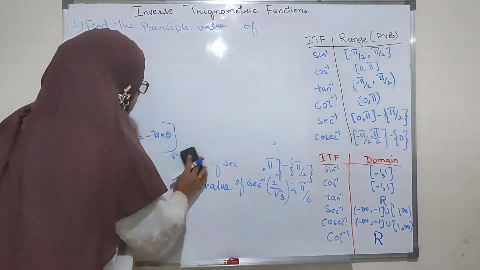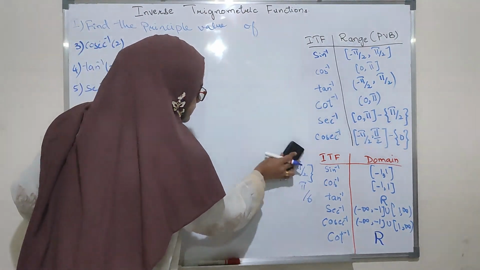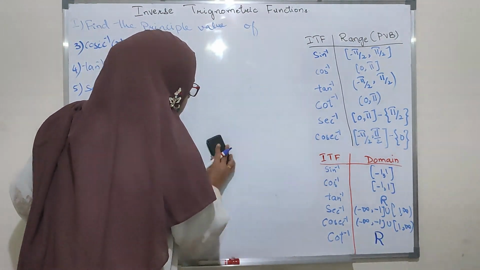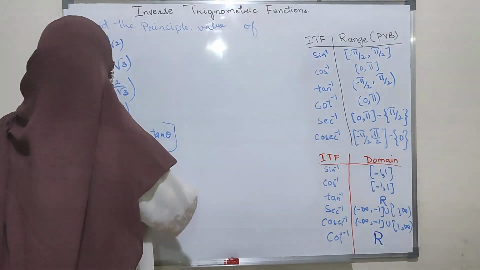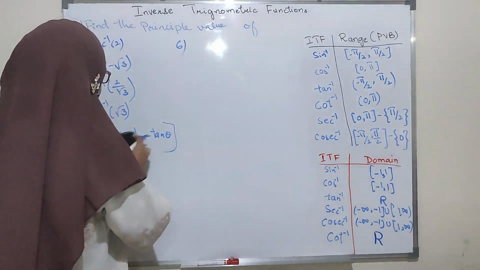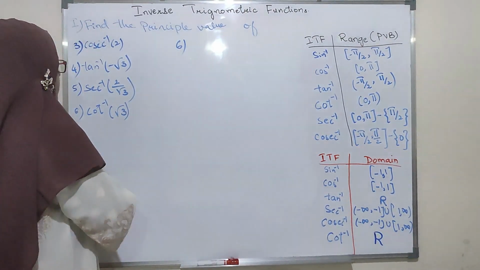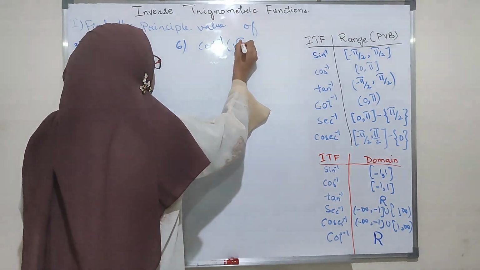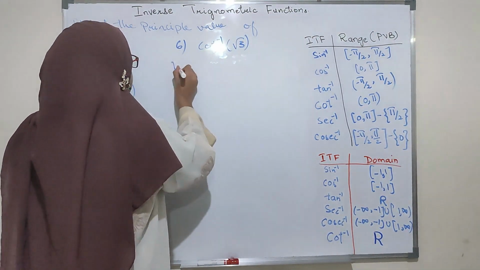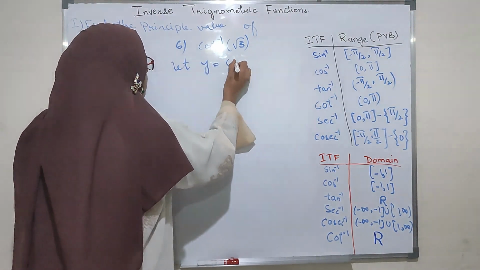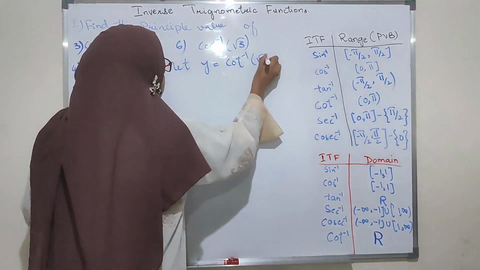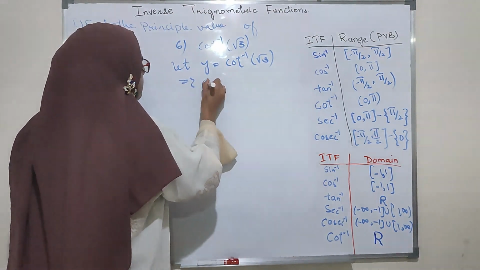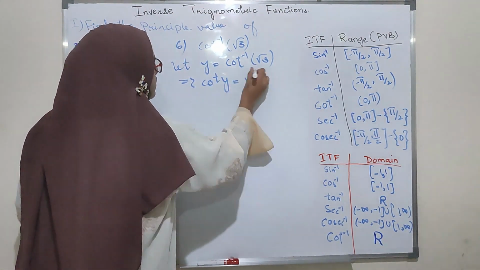Lastly we have cot inverse of root 3. Again let y is equal to cot inverse of root 3. This implies cot of y is equal to root 3.